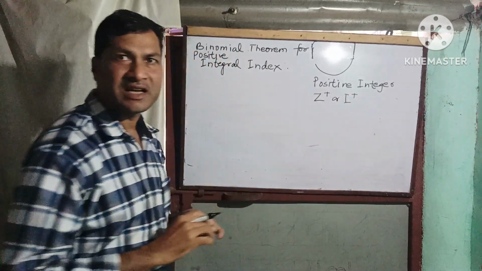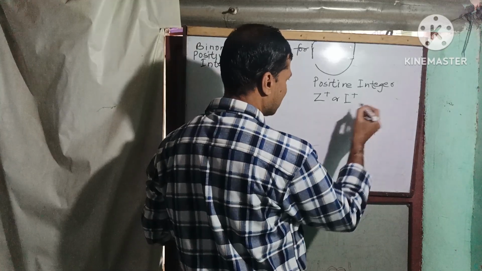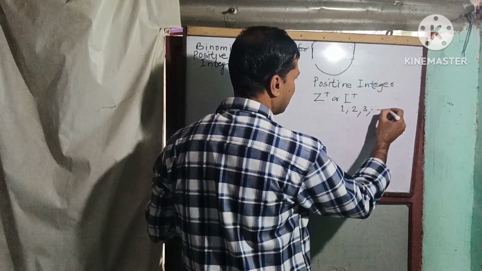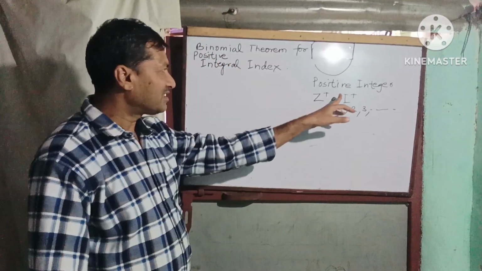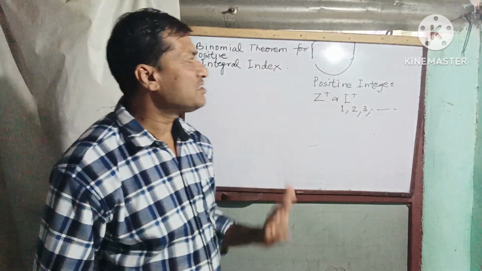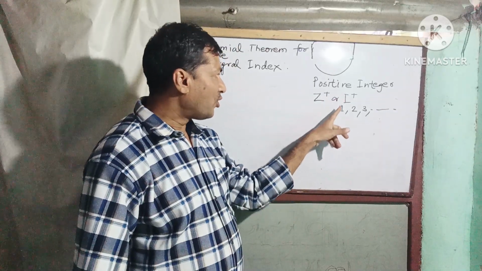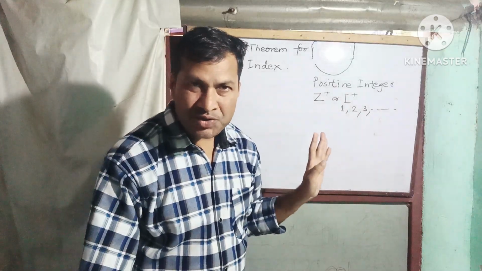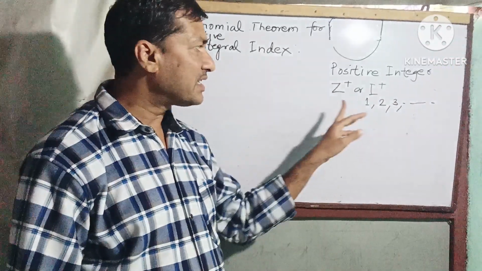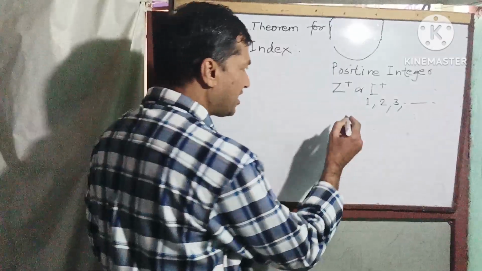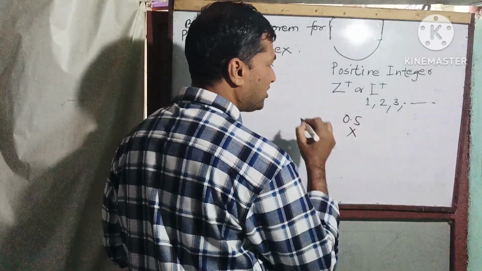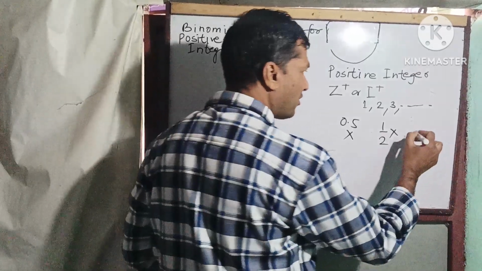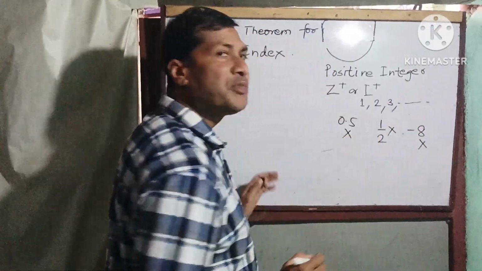Positive integers are nothing but whole numbers like 1, 2, 3, and so on. So positive integer means only the numbers 1, 2, 3, 4, 5. It does not include decimals like 0.5, which is not a positive integer. 1 by 2 is also not a positive integer, and -8 is also not a positive integer.